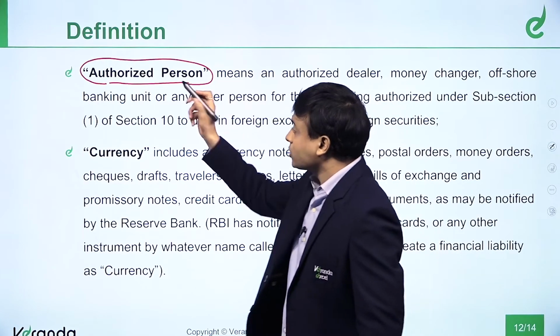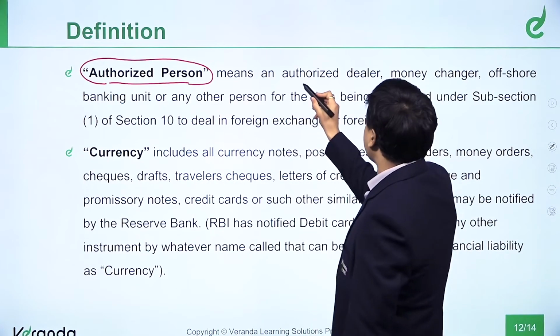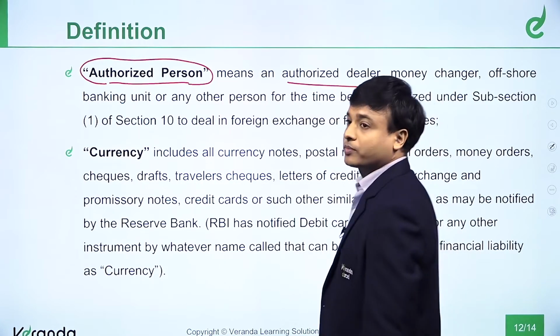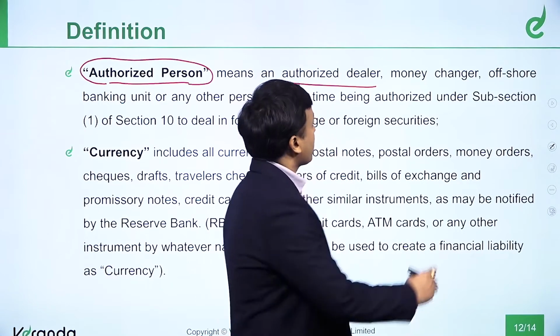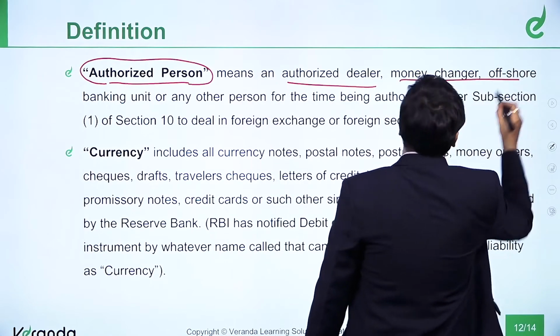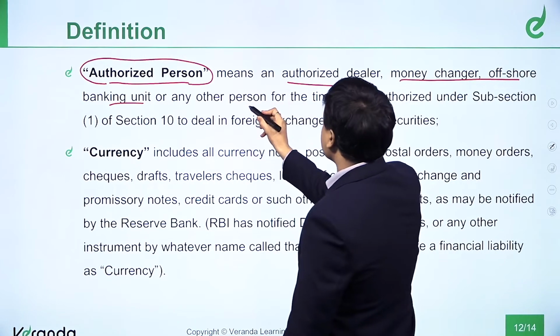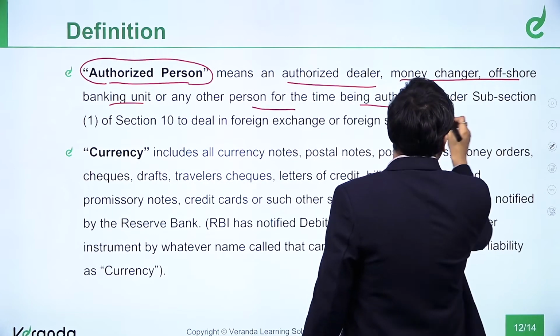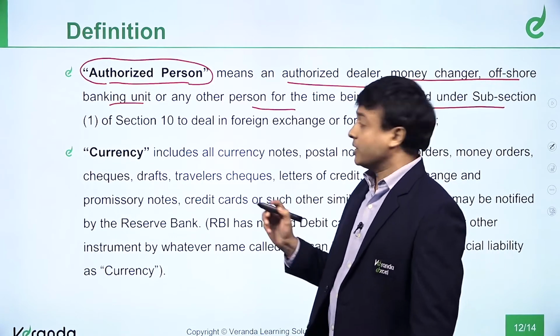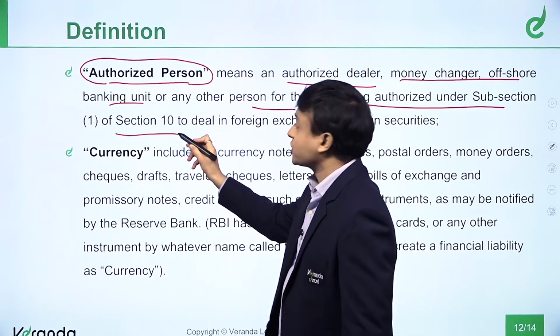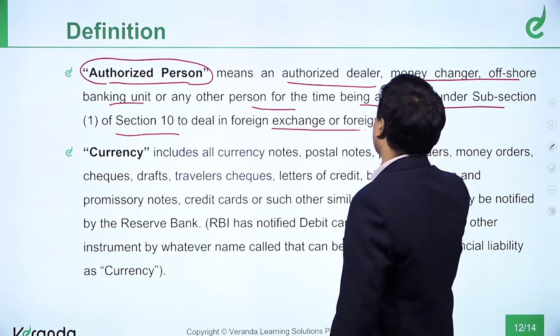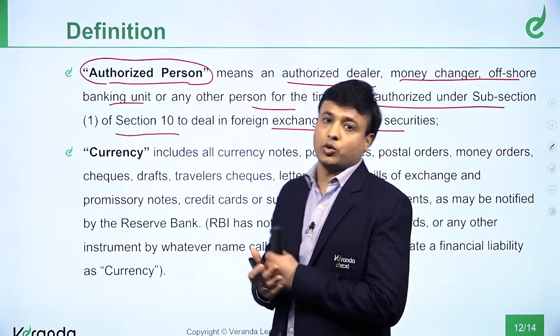It says, authorized person means an authorized dealer, money changer, offshore banking unit, or any other person for the time being authorized under subsection 1 of section 10 to deal with foreign exchange or foreign securities.